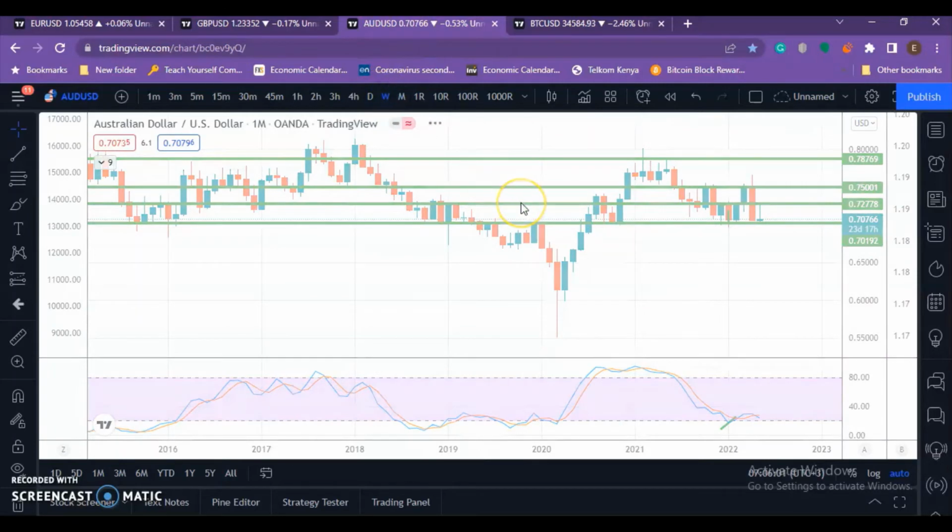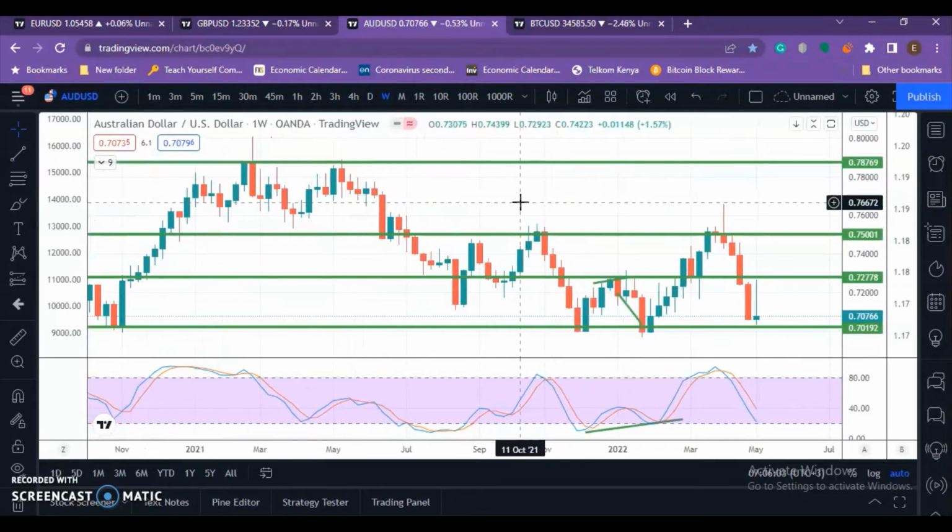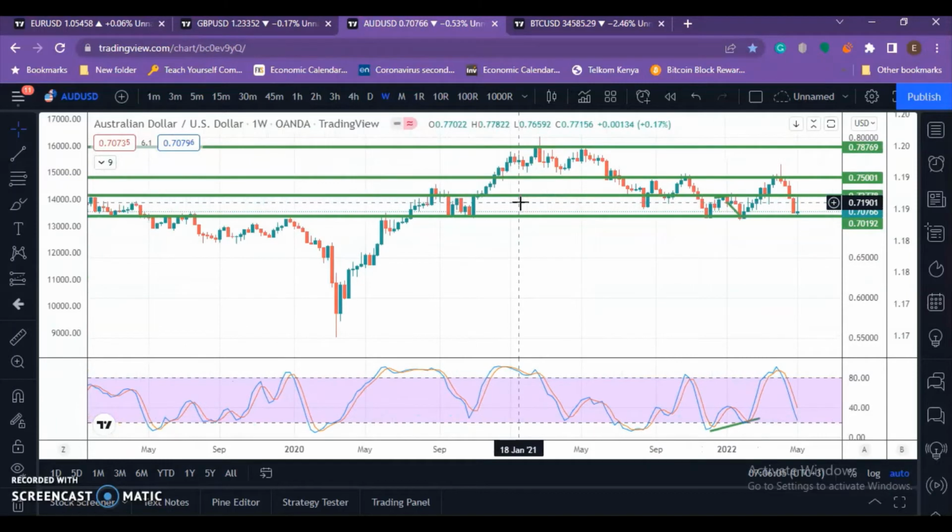Let's look at the weekly time frame. You can see on the weekly time frame there is a consolidation between 0.78 to 0.70, a claimed 800 pip zone.